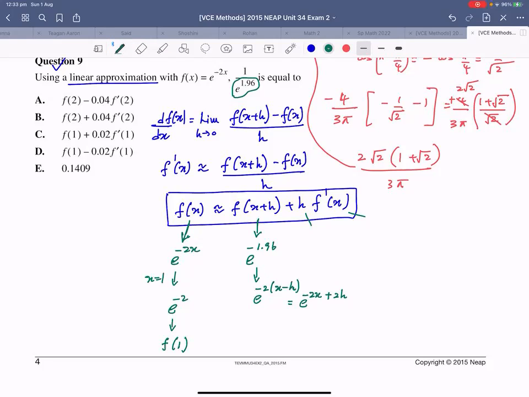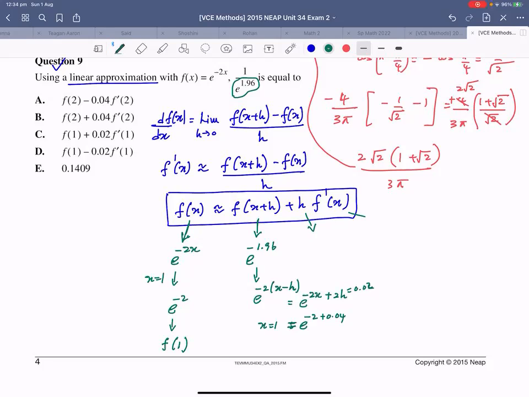So when x is equal to 1, e to the minus 2 is coming. Understand these things. Then when h is equal to 0, then plus 0.04 is coming. Now h is equal to 0.02, guys.